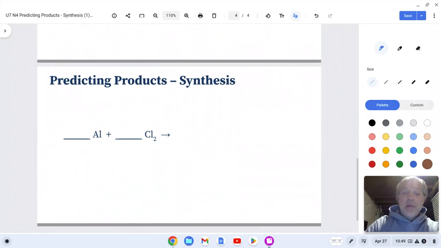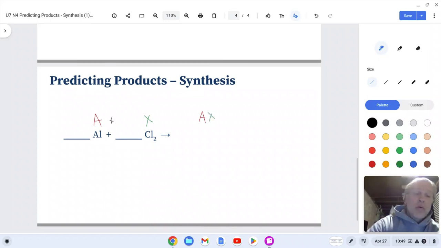The next example here is aluminum and chlorine reacting. And again, our reaction template is A plus X makes AX. So in this case, we're going to grab the A, which is aluminum, and we're going to grab the Cl, which is chlorine.